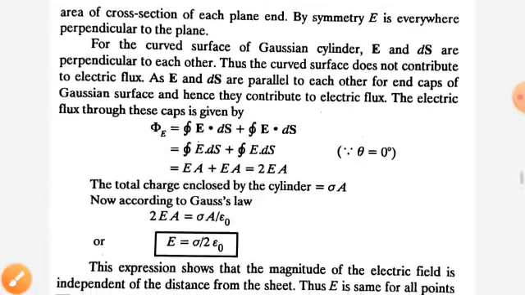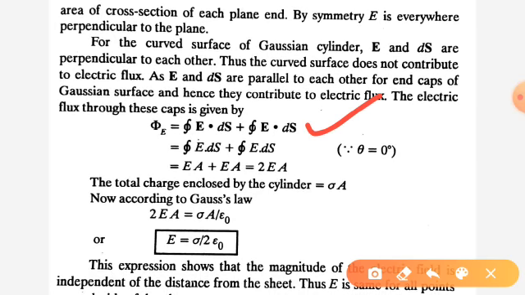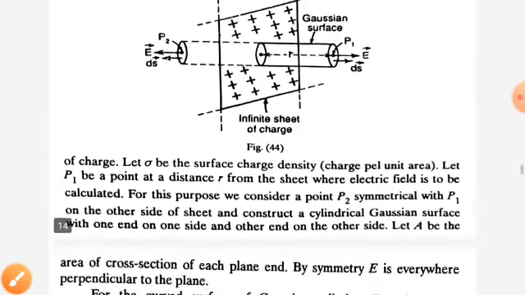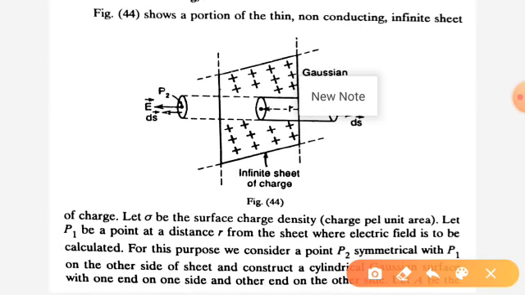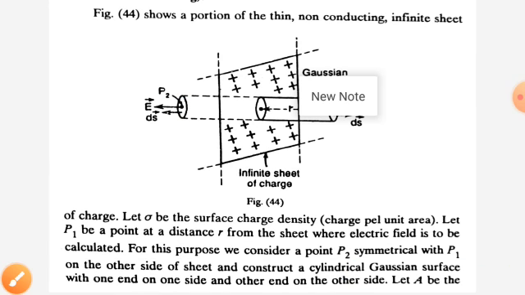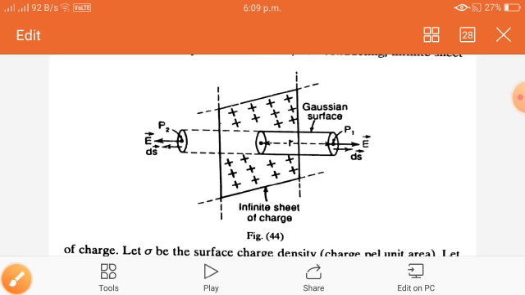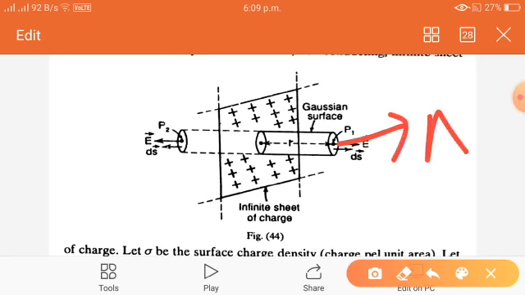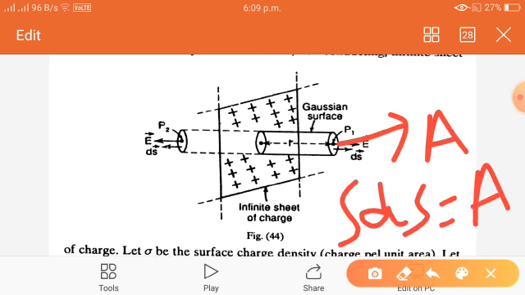So the total flux phi is the integral of E bar dot ds over both surfaces. In both cases theta is 0, so it is E into integral ds, plus E into integral ds. The integral ds becomes A, the surface area of each face.